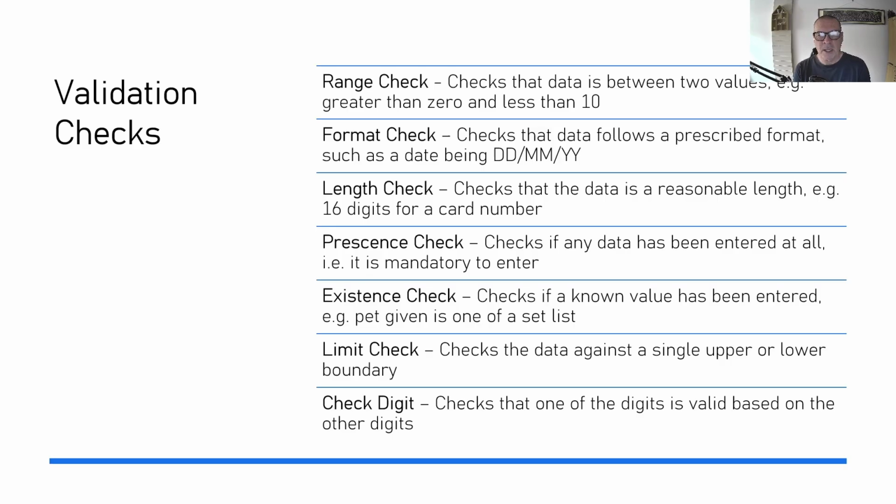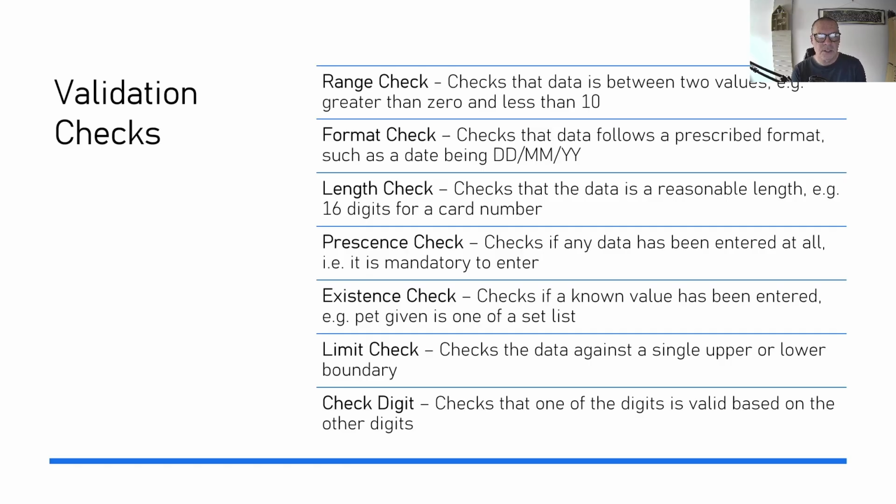For example, you might have a whole list of pets that you're allowed to have, like cats and dogs and rabbits and so on, and if you try to put something in that isn't on there, i.e. it doesn't exist on that list, then the data is not valid. Then there's limit check. Limit check is a little bit different to range check. For a limit check, there's only one boundary, and it could either be the upper boundary or the lower boundary.